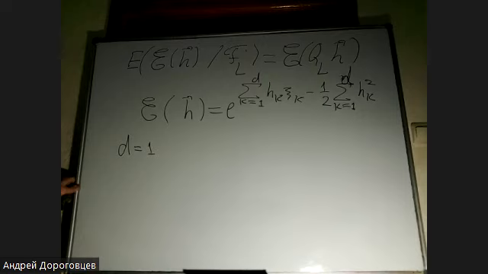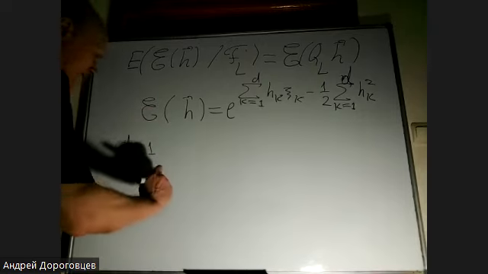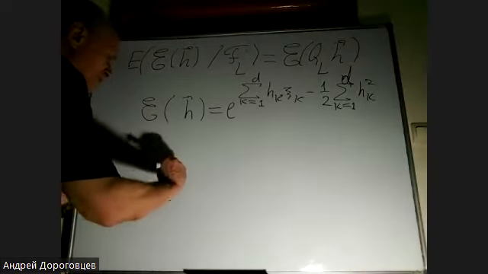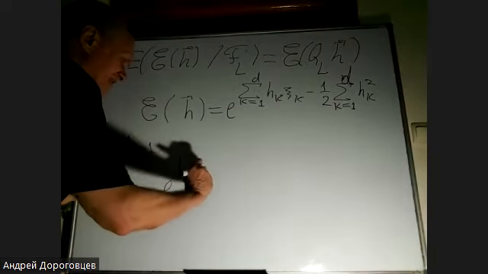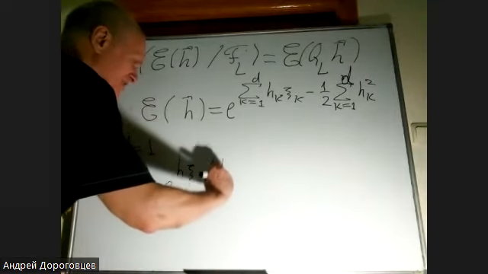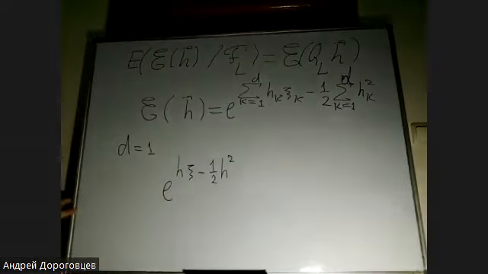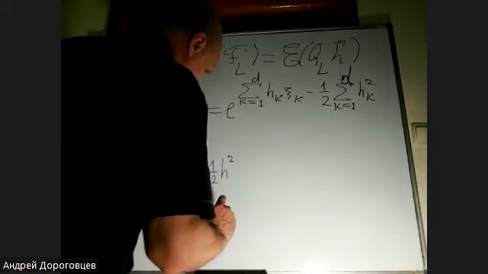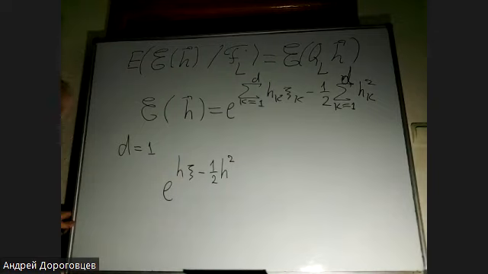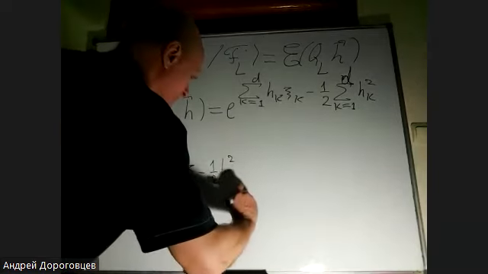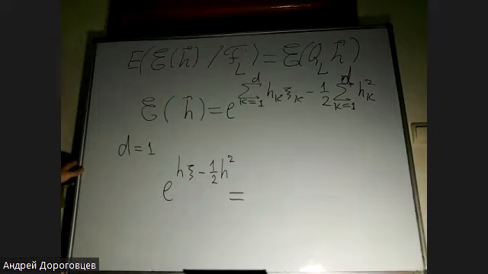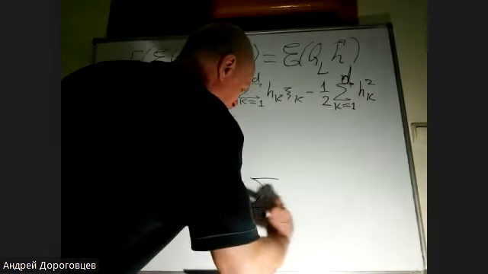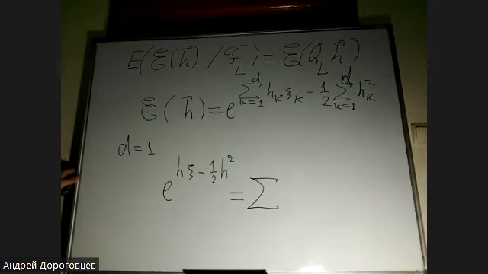Then we will have exactly the following: the exponent of hψ minus 1/2 of h squared. Let me try to find its representation as a Taylor series with respect to h.